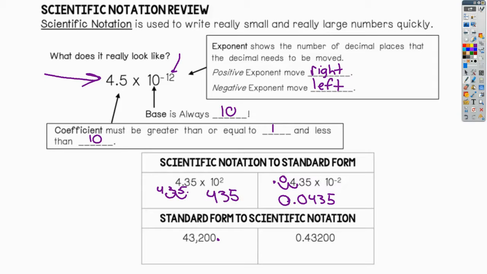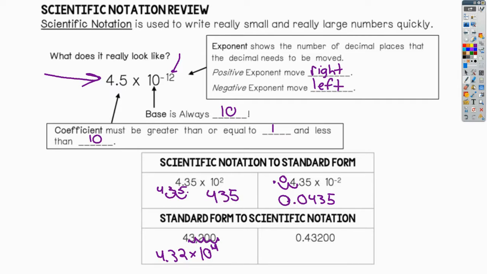If you move the decimal between the 4 and the 3, that will give us the number 4.32. So that will be my coefficient, and I'm going to multiply it by a base of 10, and the exponent is going to be based off how many times I moved the decimal. So if I go back and count, I moved it once, twice, 3, 4 times. So my exponent is going to be a 4.